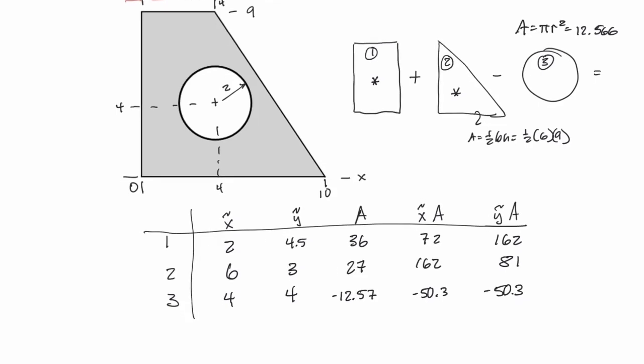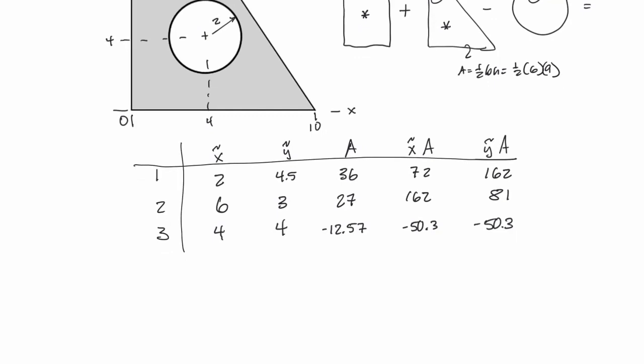Again, same technique as before. I add the weights. In this case, I add the areas. It's 50.43. I add the x tildes, 183.7, and the y tildes, 192.7. X bar is going to be equal to the sum of x tilde area over the sum of the areas.